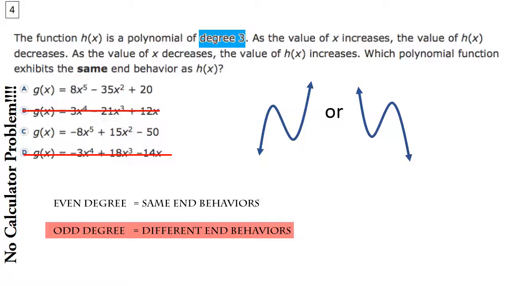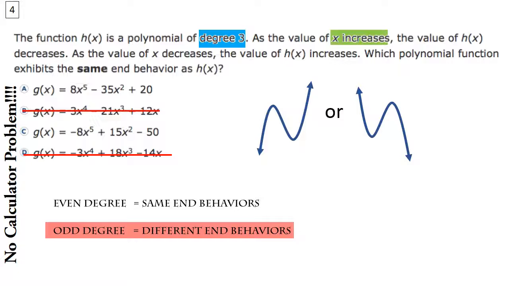They're both degree 5, which are both odd. One of them's got a positive coefficient, one of them's got a negative coefficient. So those are both things that dictate right-hand behavior. So we just got to figure out what the right-hand behavior of our degree 3 is. Well, we can do that because it tells us about it. It doesn't tell us what h of x is, but it tells us some stuff about it.